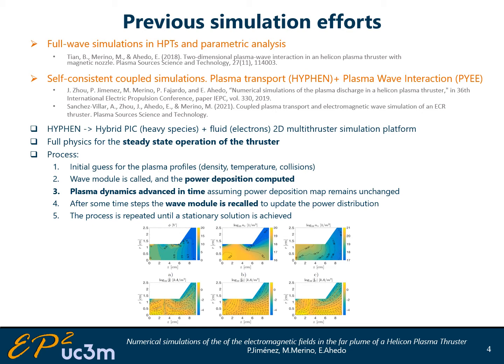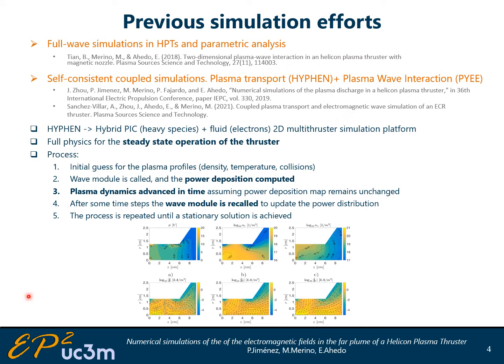For the plasma dynamics and transport, we are using HYPHEN, which is a multi-thruster hybrid PIC and fluid code. For the plasma wave interaction, we have several modules. For HPTs, we are using a finite difference method, and for the ECR thruster, we also have a published paper using a finite element method.